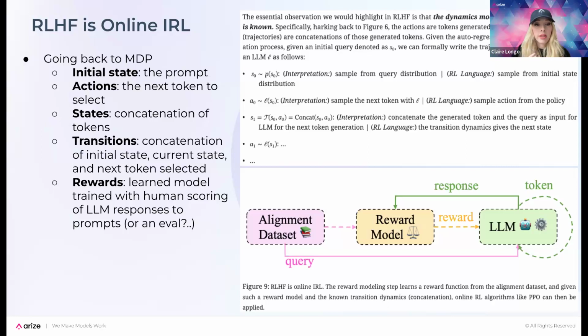And the state is the concatenation of all the tokens. That's so interesting because that means we're actually optimizing this at the token level. My assumption before I read the paper, it's a good thing I read it, was that this was optimizing things at a level where it's like this prompt versus that prompt, where those would be the action. So it's an interesting takeaway here.